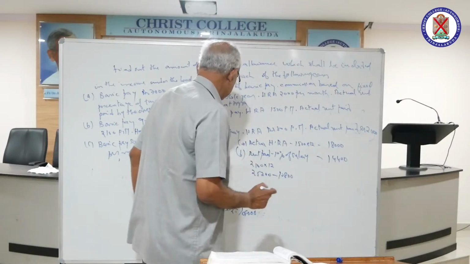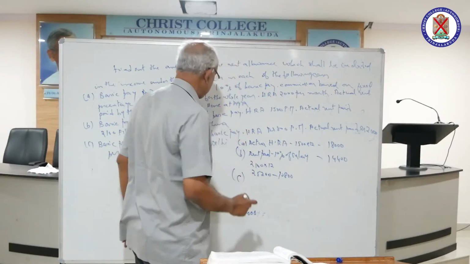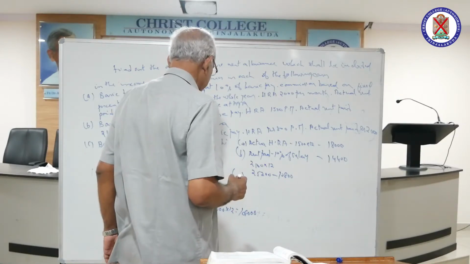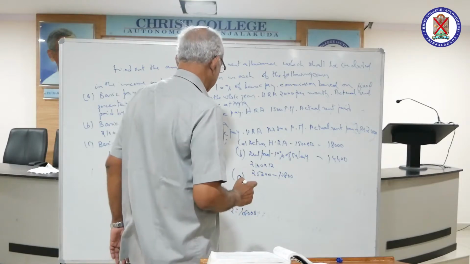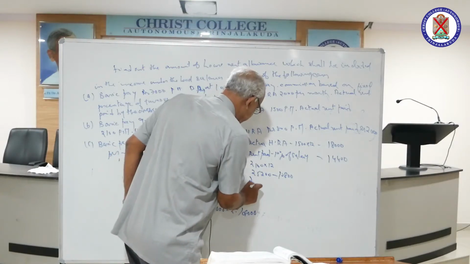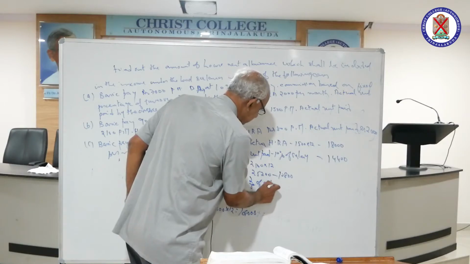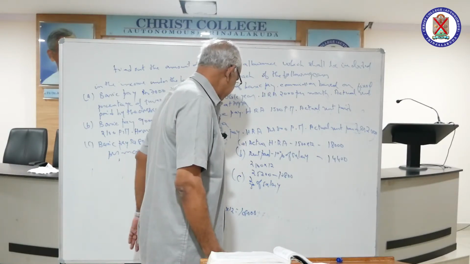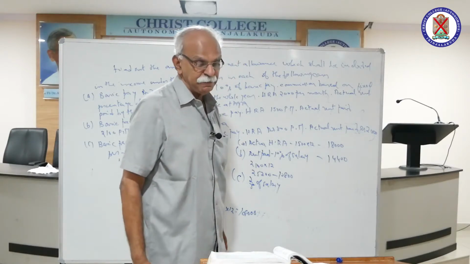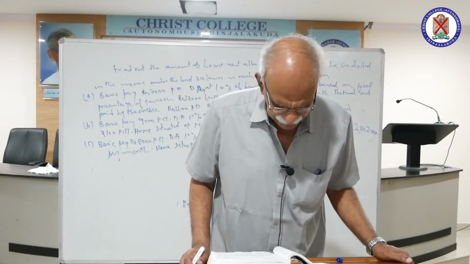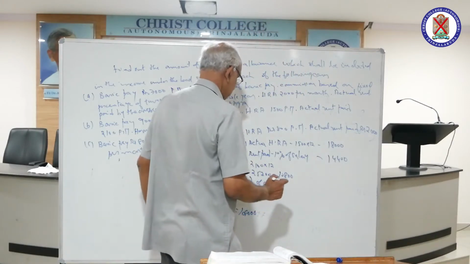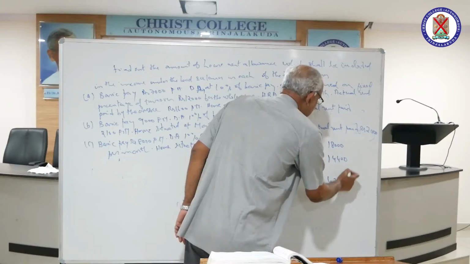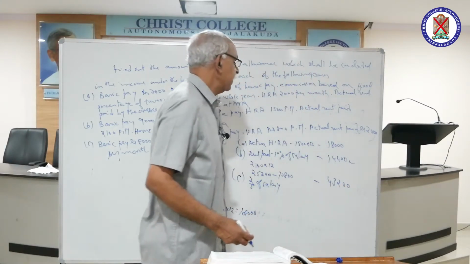Third, C. House situated in Mathura, it is also 40% of salary, or 2/5 of salary. 2/5 of salary is 1,08,000 into 2 by 5, which comes to 43,200. The least one is 14,400.